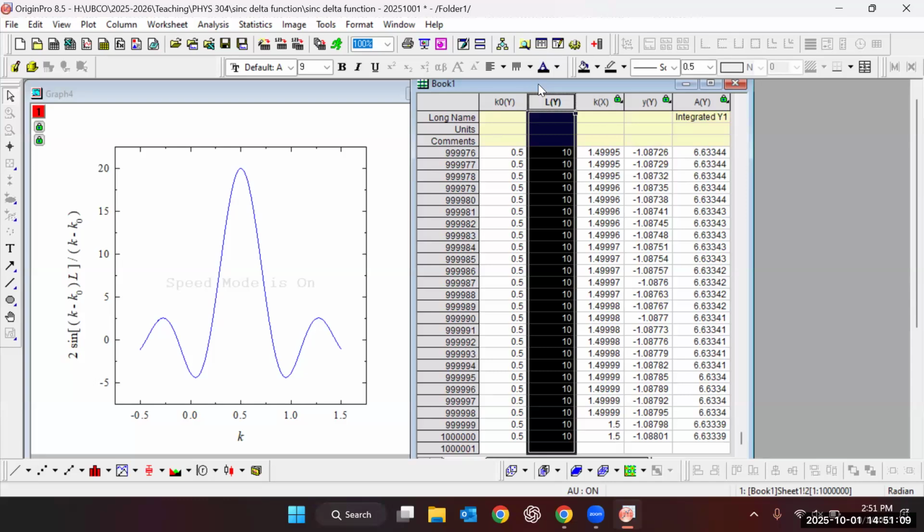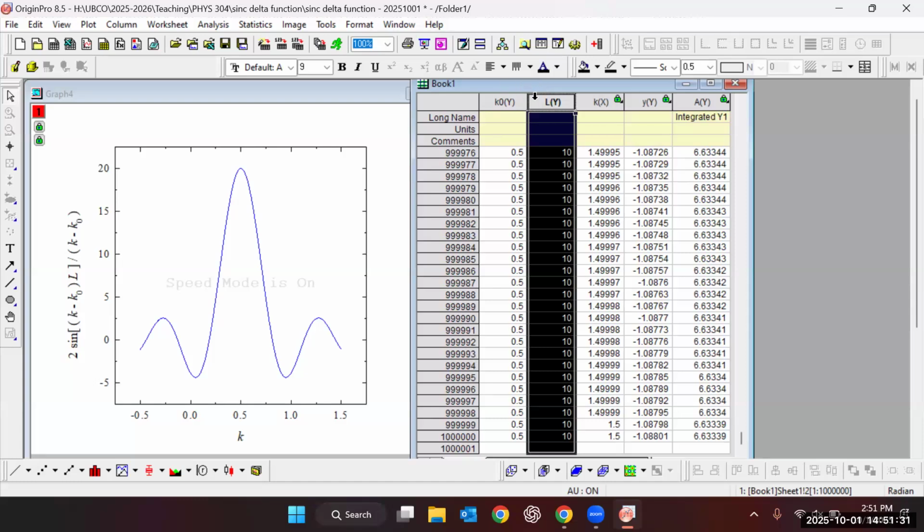And well, it's still near our k naught value, and it's a little more narrow. Okay, it still has these funny little side lobes, but it's getting to be more sharply peaked. If we look at the integral, it's 6.6, so it actually overshot. It's above 2 pi.